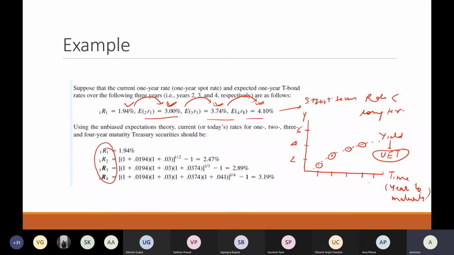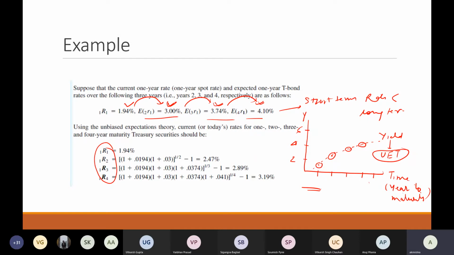There could be any argument, whether as a country everything is going well, or there is very good political stability, or some other reason. So using the unbiased expectation theory, we can get this kind of plot or this kind of relationship.